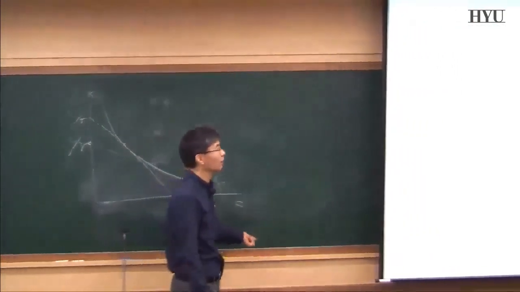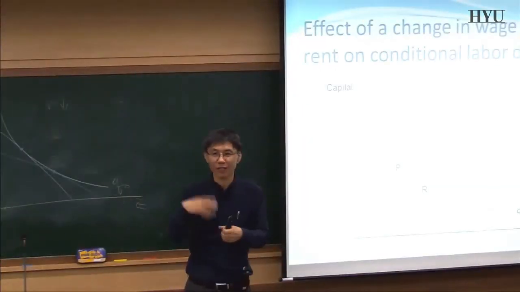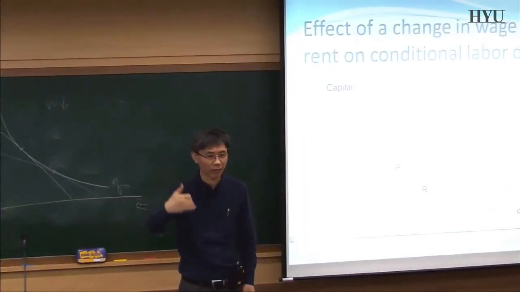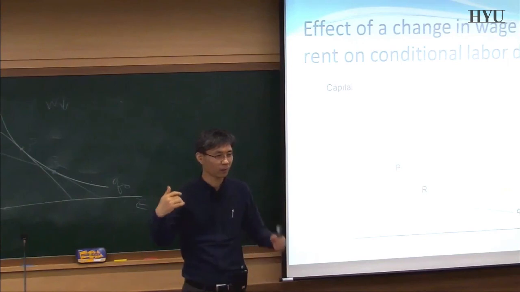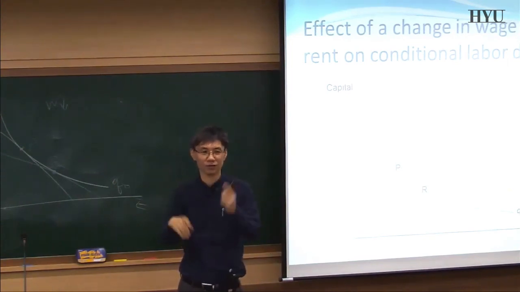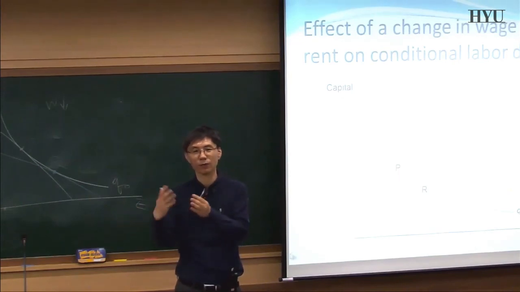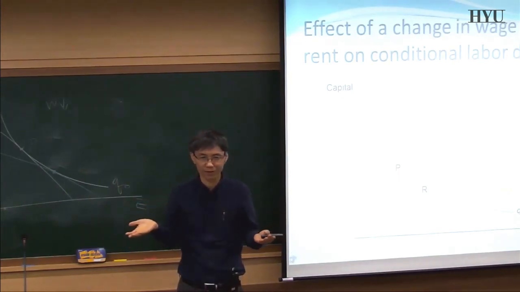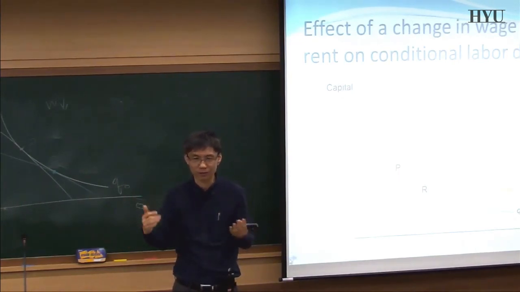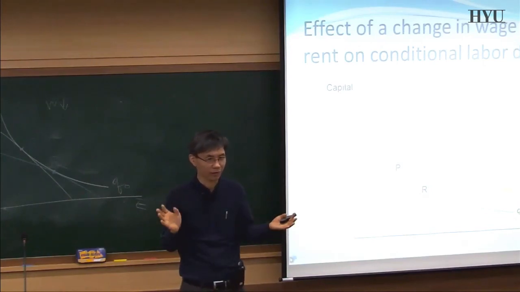But things get a little more complicated if wage and rent change in opposite directions, or they change in the same way. If the wage and rent go up together but their slope becomes different, then it becomes a little more complicated. You know what I mean?